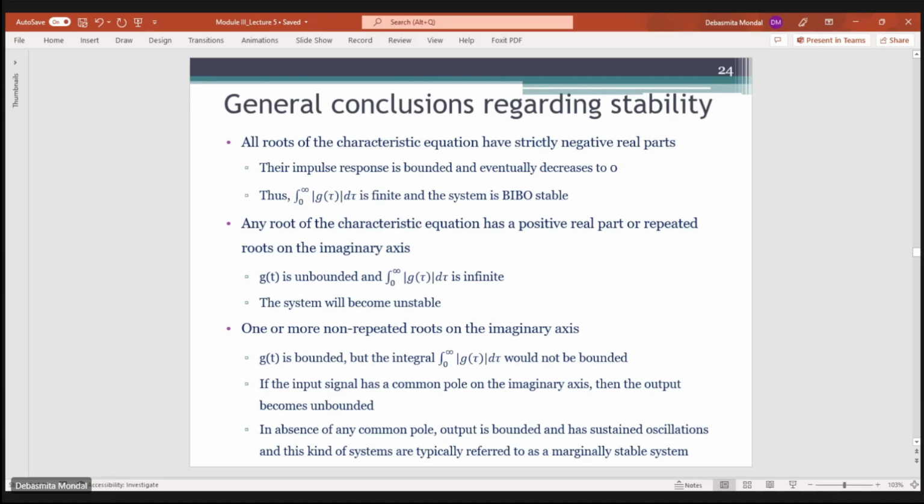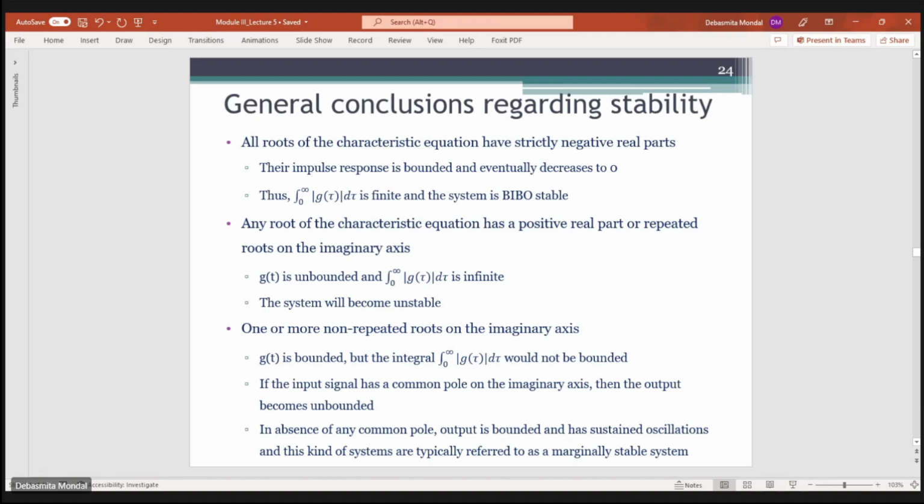If you have one or more non-repeated roots on the imaginary axis, then the impulse response is bounded, but it is not absolutely integrable. If the input signal has a common pole on the imaginary axis, then the output becomes unbounded.